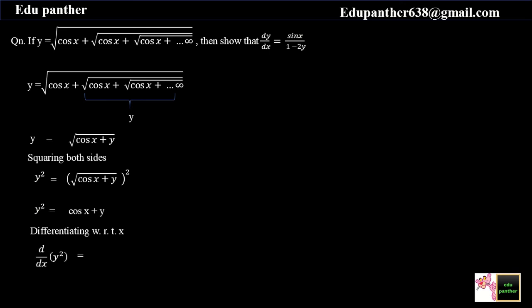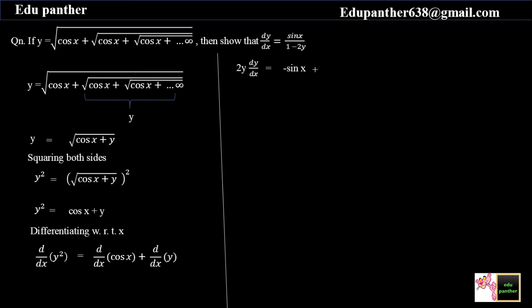The derivative of y square is equal to the derivative of cos x plus the derivative of y. Now for the derivative of y square, first apply the basic formula: the derivative of y square is 2y, then we multiply it with dy by dx. So 2y into dy by dx is equal to the derivative of cos x, which is minus sin x, plus the derivative of y, which can be written as dy by dx.